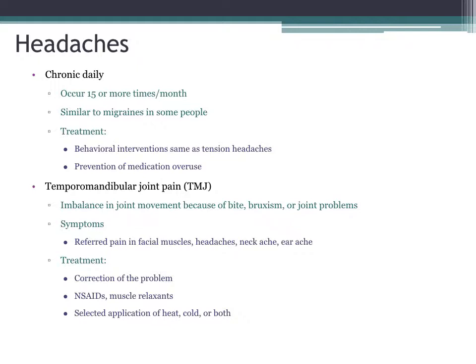NSAIDs and muscle relaxers have been shown to be beneficial in some people, and also select application of either heat or cold. In some people, they'll put heat on to start out with, and then they'll put cold on it, or put cold on first, and then put heat. So it's something that people kind of experiment and find out what works best for them.